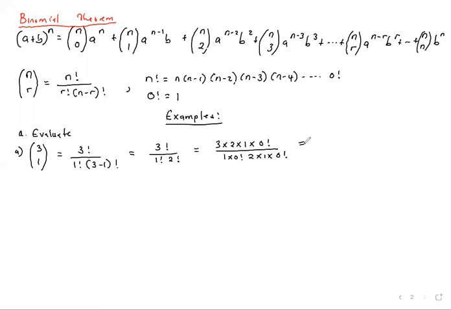Now in mathematics, we know that if we are multiplying and some things are common, you can just cancel them out. And then you remain with 3 by 1 by 1 by 1, which is just 3. 1 by 0 factorial is just 1, giving us 3.